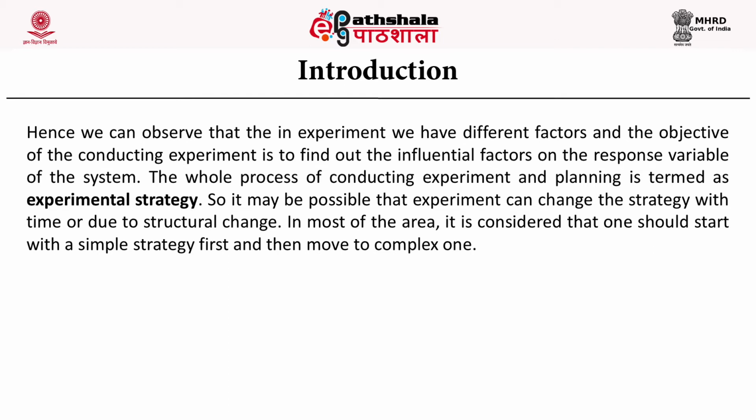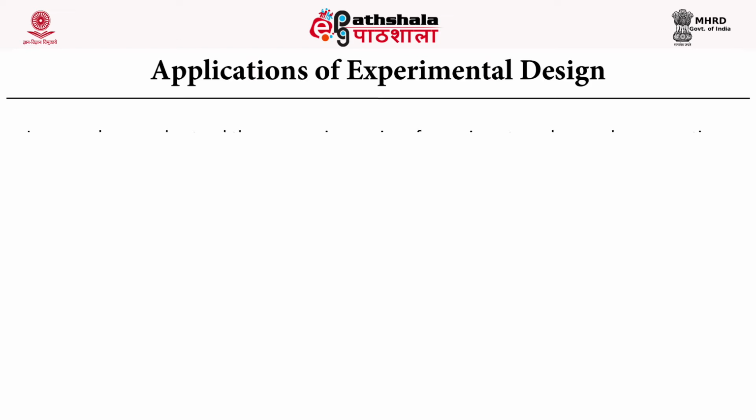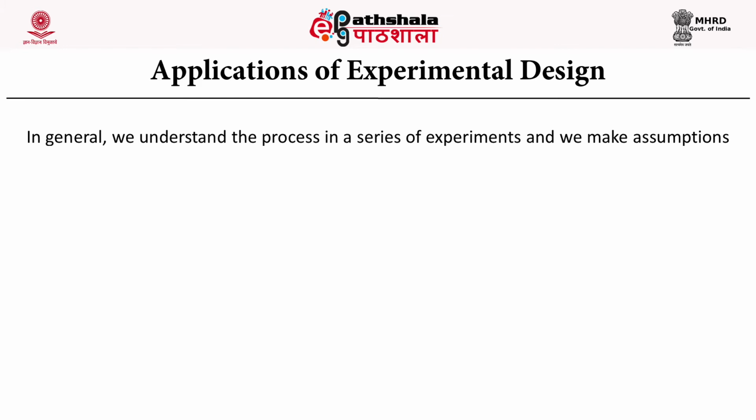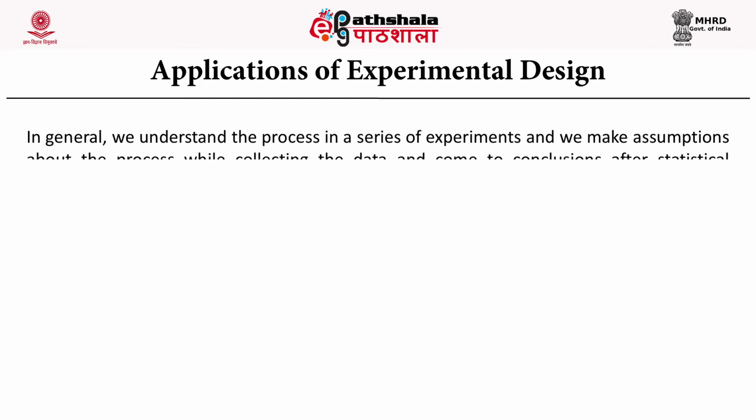So it may be possible that the experimenter can change the strategy with time or due to structural change. In most areas, it is considered that one should start with a simple strategy first and then move to a complex one. So now we will discuss applications of experimental design.